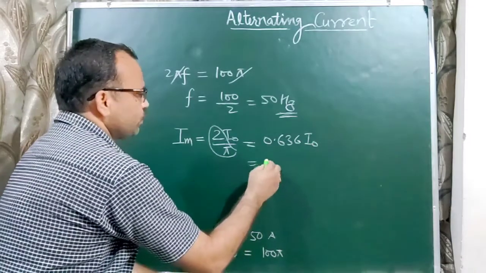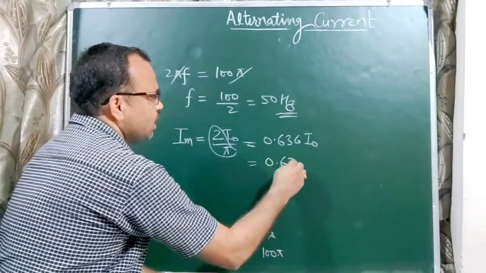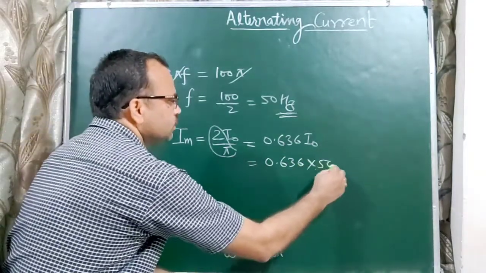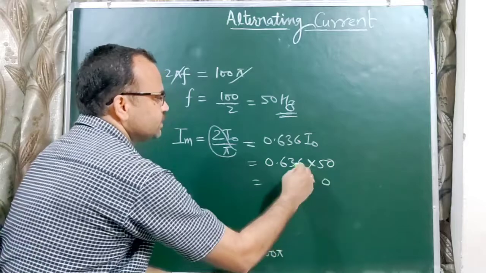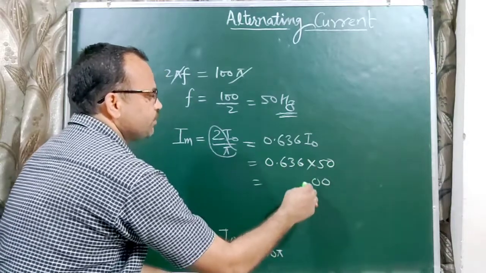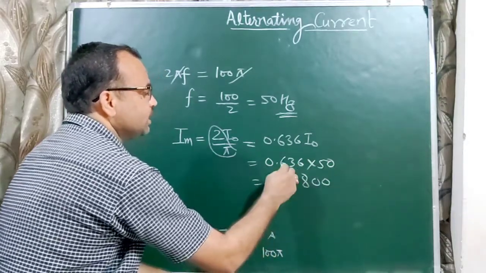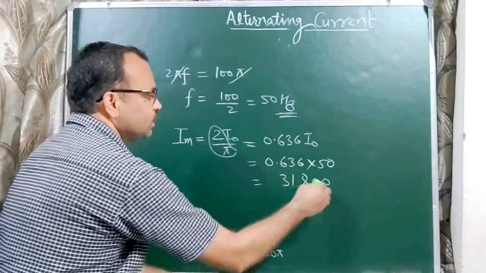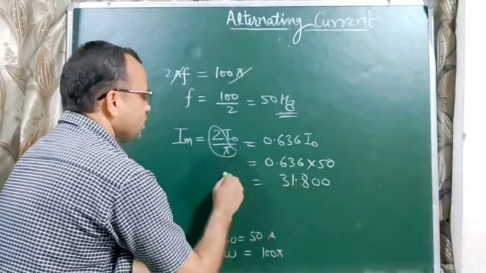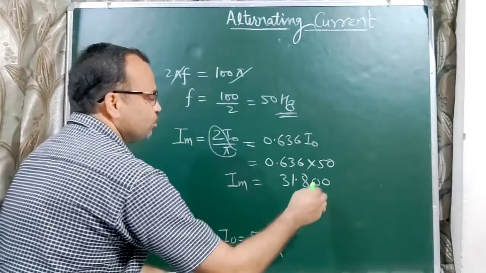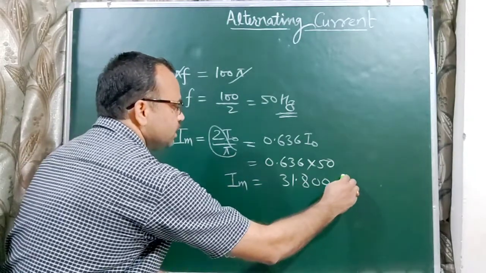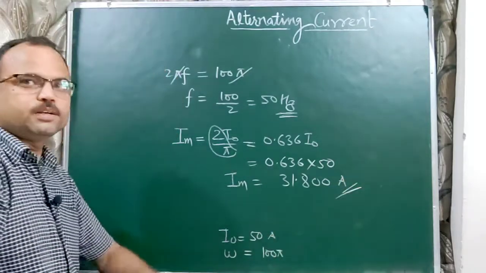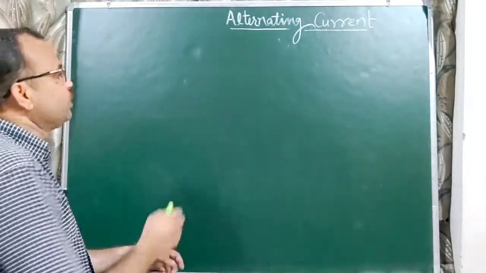Now put the value of I naught, which is 50 ampere. So mean value of alternating current over positive half cycle is 31.8 ampere. Right?